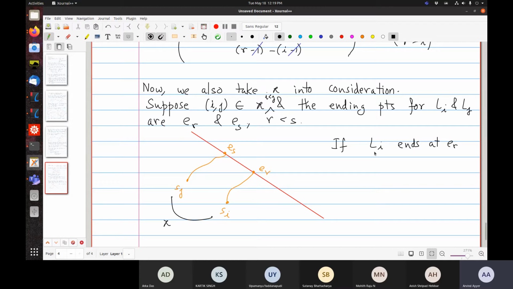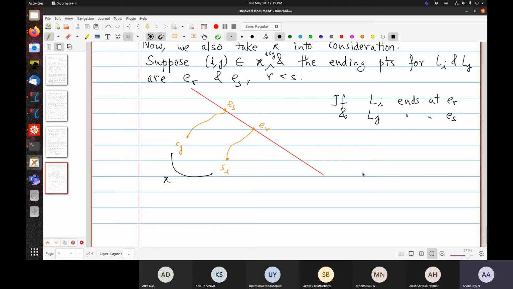So if Li ends at E_r and Lj ends at E_s, okay, then how many ways are there? Then the number of such paths is what? Is just the product of the binomial coefficients. You take all possible lattice paths going from Si to E_r and from Sj to E_s.